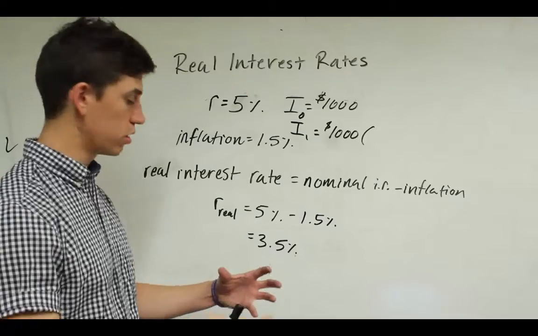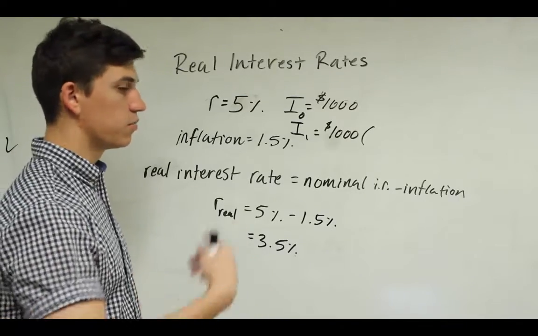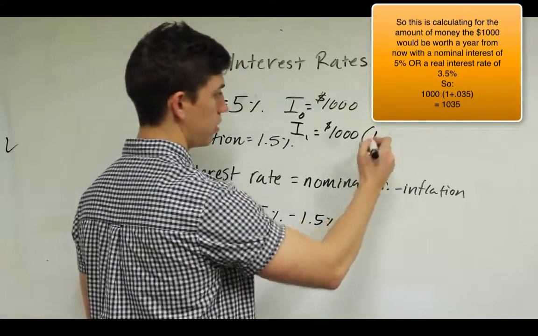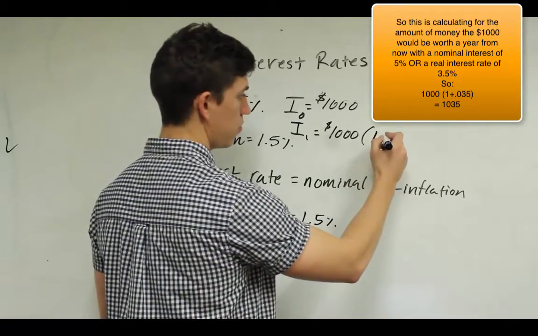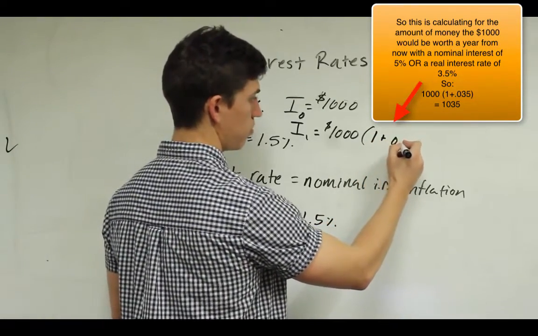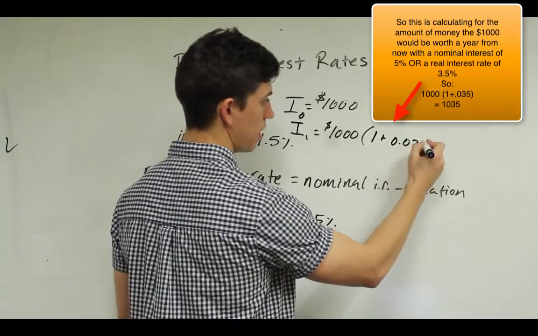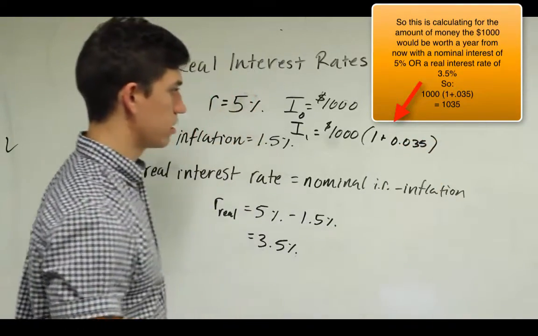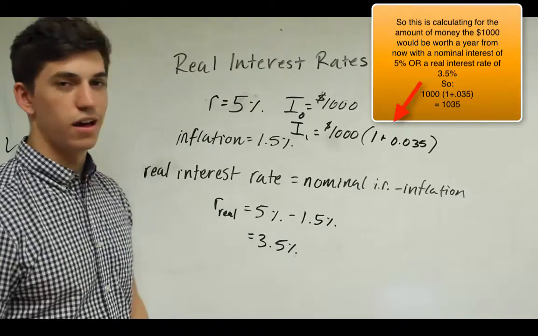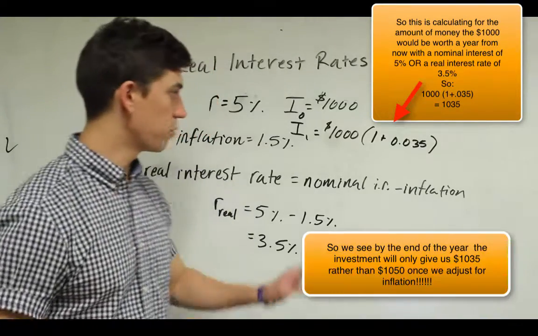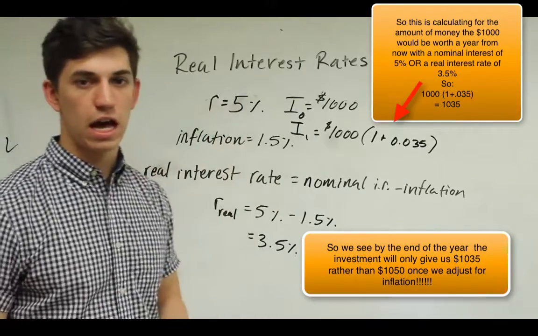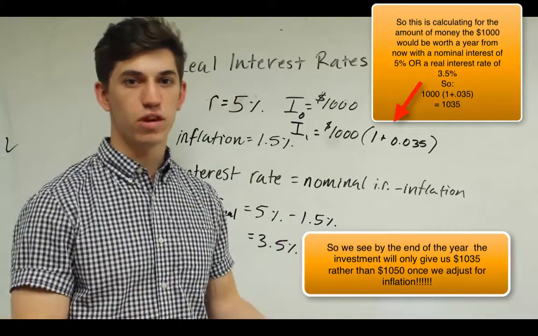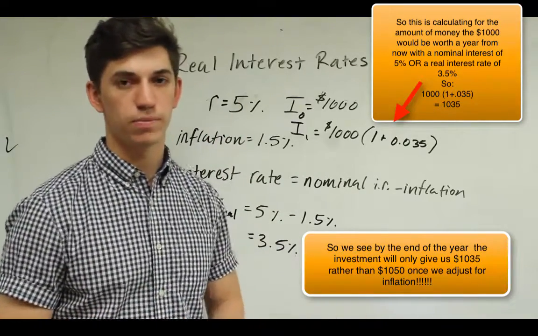So you're going to get your initial 1,000 back plus the additional 3.5% of that investment. So 1 plus 0.035, and you can calculate that out if you want. But basically the idea is that this is a way to adjust for the fact that price levels will go up to find out how much that money that you invest will actually be worth in the next period.